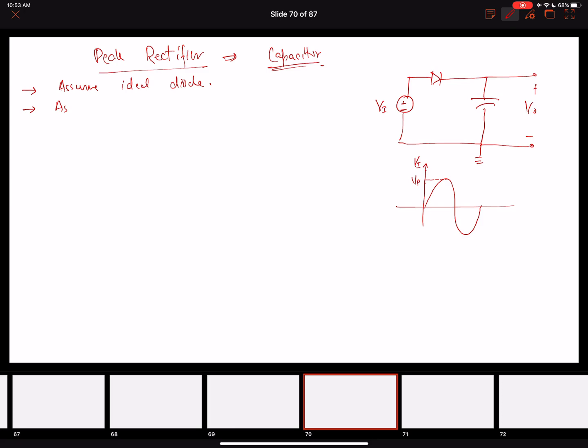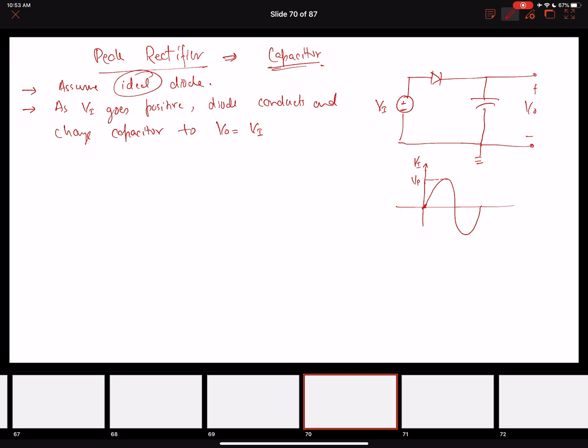Now as VI goes positive, the diode conducts and charges the capacitor to V naught equals VI. So what will happen is, during this positive cycle, we saw that in an ideal diode, as soon as the voltage becomes greater than 0, it will become a short circuit.